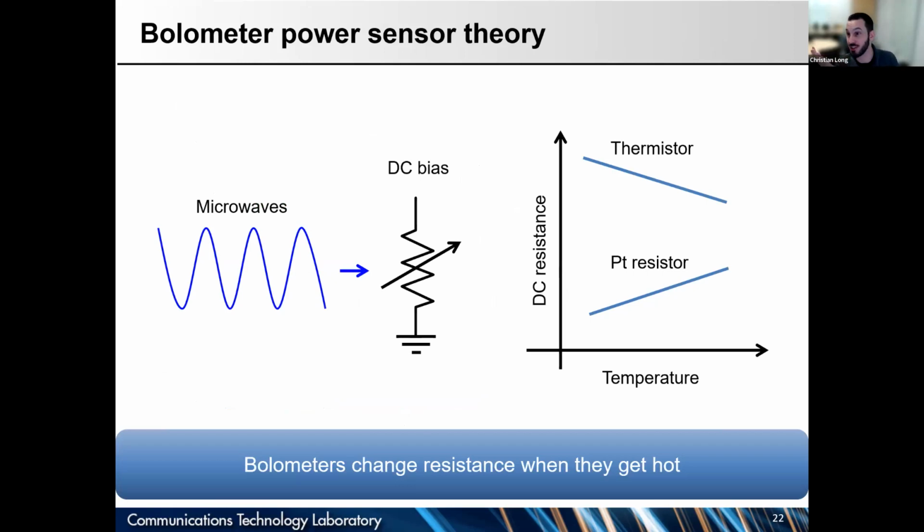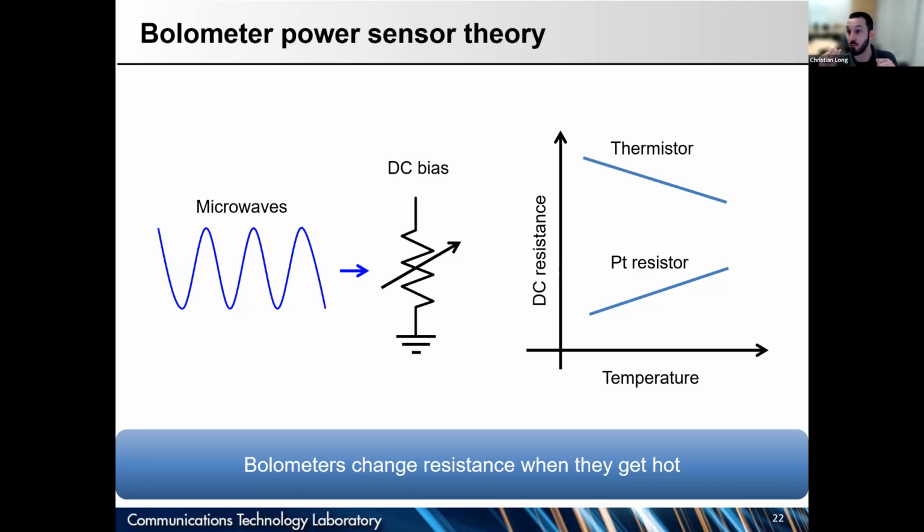So a bolometer is a temperature-dependent resistor, and you can put DC power into it and it gets hot and changes resistance, or you can dissipate RF or microwave or terahertz power in it and it'll get warmed up and change resistance.